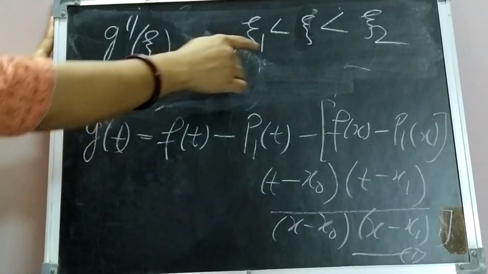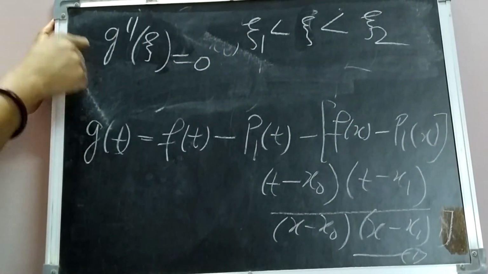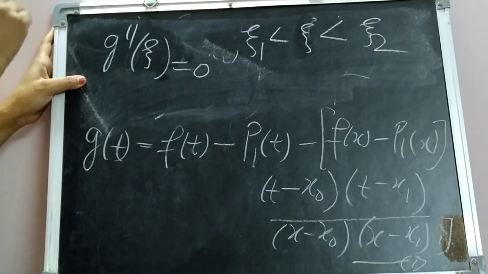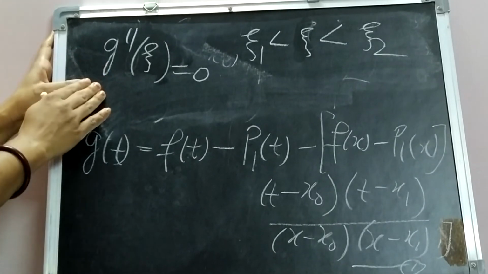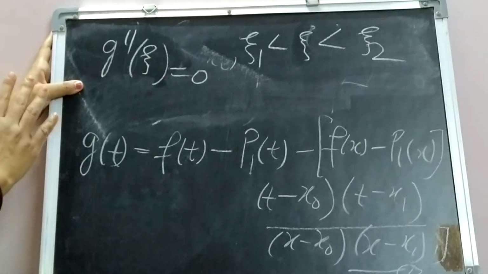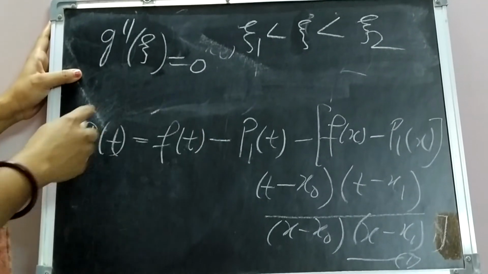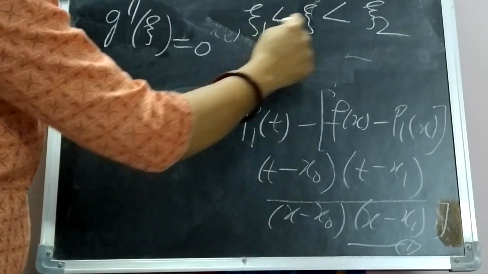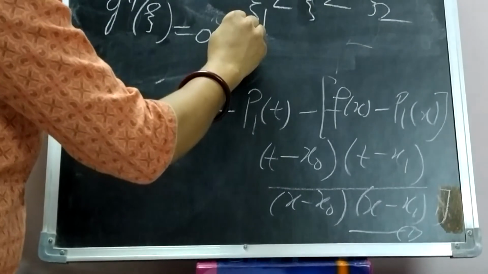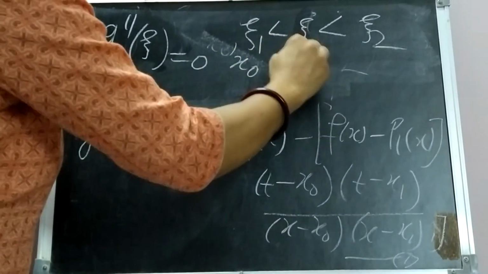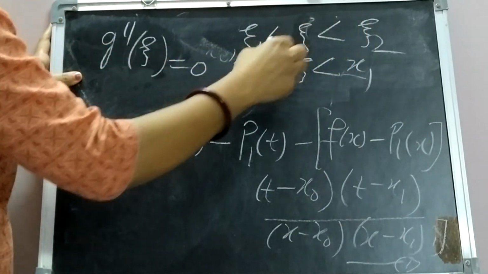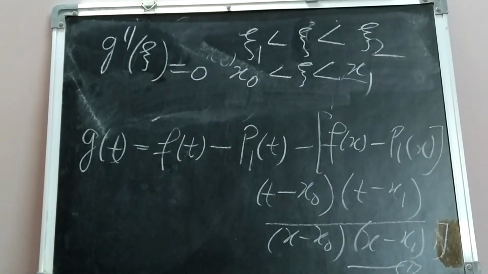This condition is obtained while applying Rolle's theorem over the function g'(t) instead of g(t). So xi is lying between xi1 and xi2, and it is very clear that it will lie between x0 and x1 also, because they are lying in between, as we just saw on the number line.